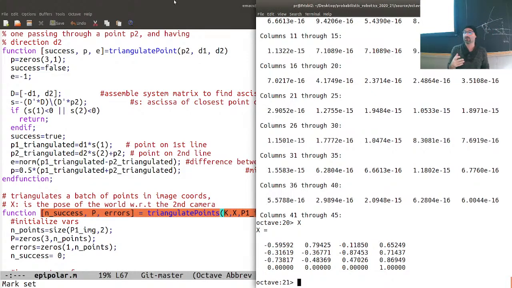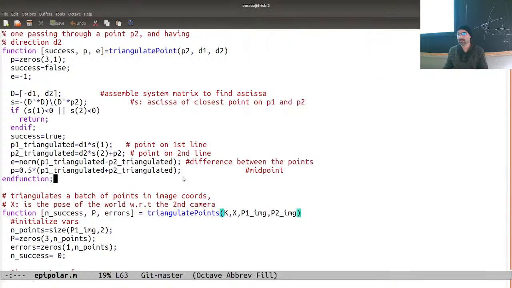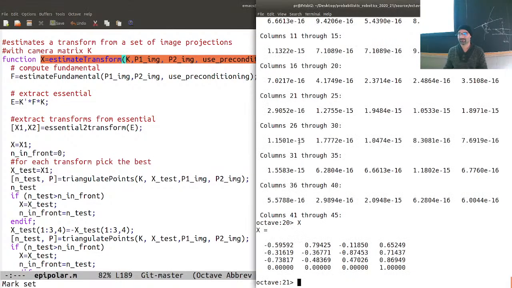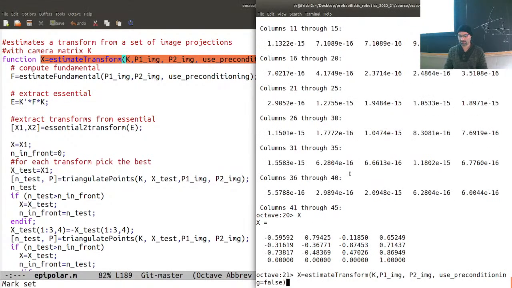At this point, we could ask ourselves, let's extract the transformation matrix. Okay, guys? And let's do it. Estimate transform. We'll call it xest.